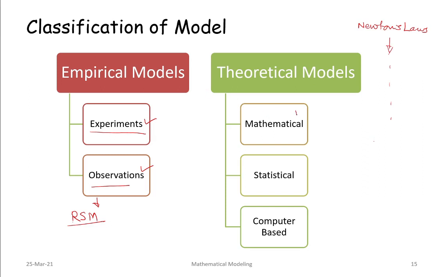So in this, we are using mathematical equations. In this case also, you are using statistical techniques. If you have a huge amount of data and you want to derive some equation out of it, and you are going to correlate it with a certain mathematical equation or mathematical principle, then you are using statistical techniques. And some are computer based, like graph theory and so many other things.